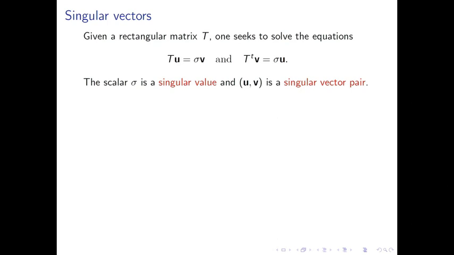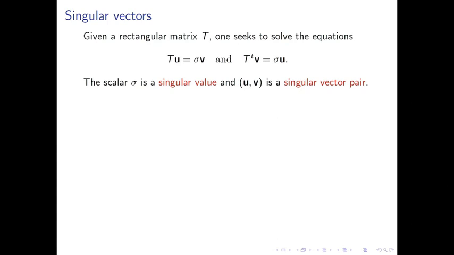We're going to be interested in this equation: Tu equals sigma v, where u and v are unknown column vectors of different length. I have a rectangular matrix, and u and v are column vectors of a different length. And I also want that T transpose times v is sigma u, where sigma is a scalar.